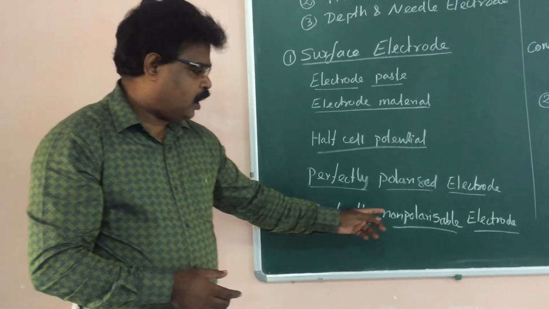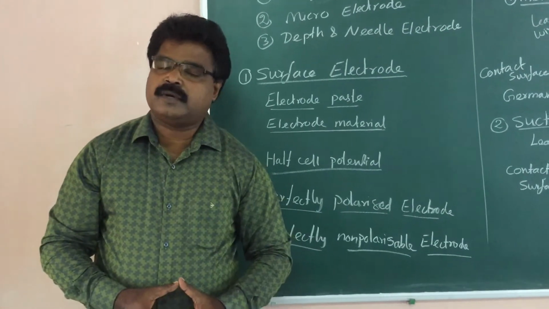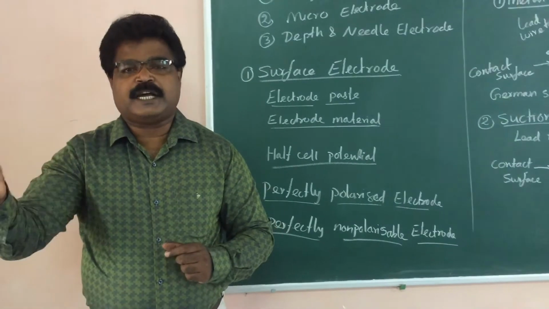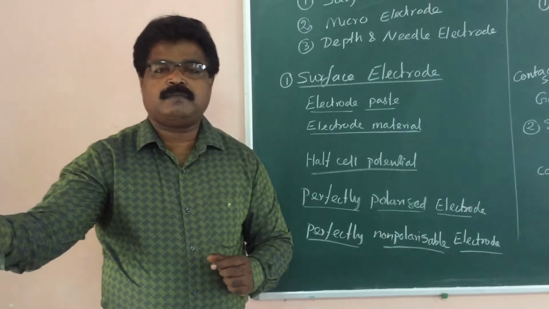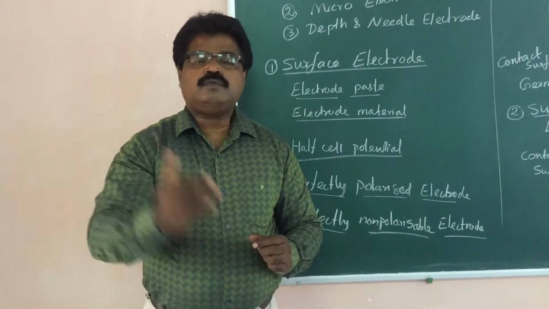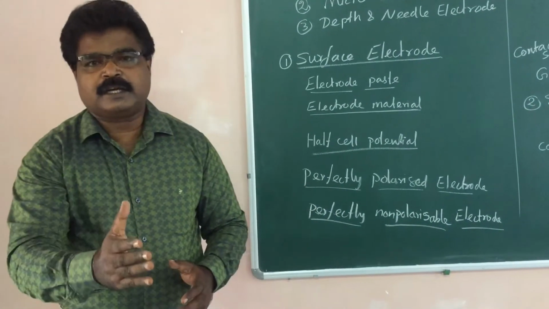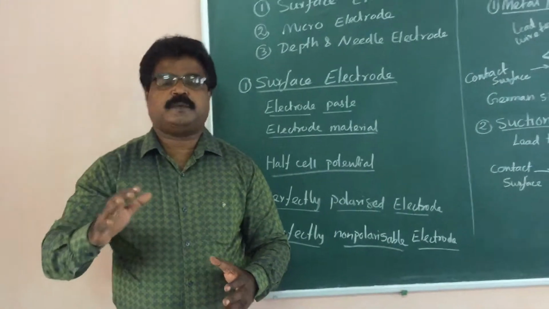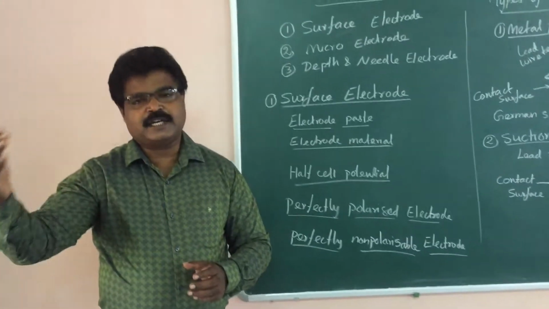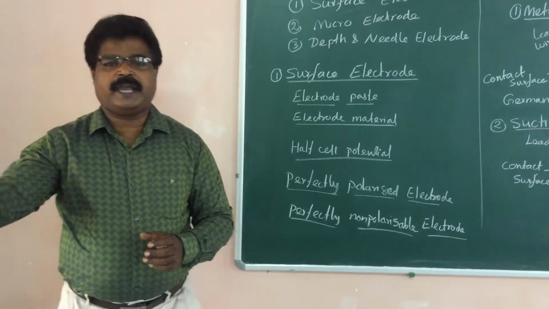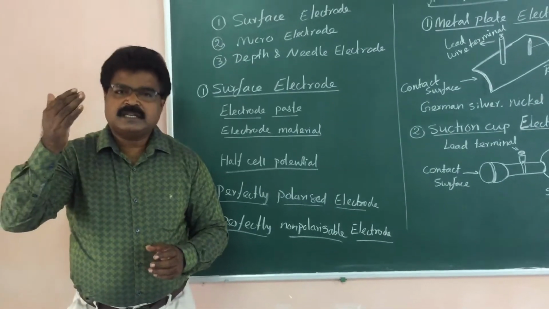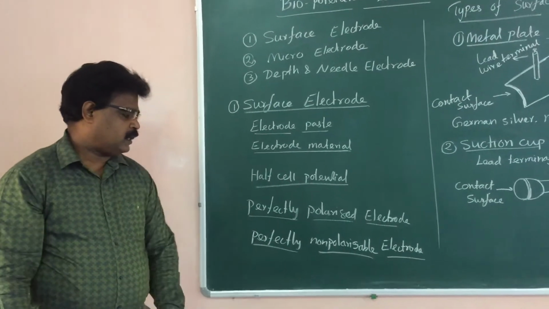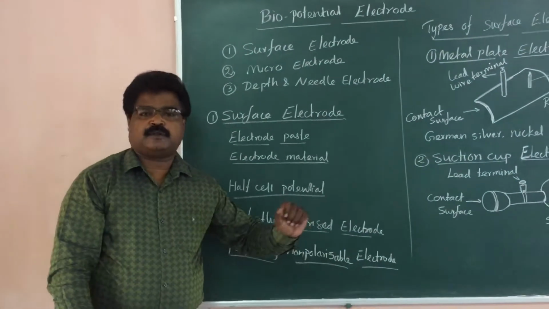But in a perfectly non-polarizable electrode, there is no hindrance for ion transfer or electrical potential transfer from the electrolyte to the metal. That means maximum transfer of ions through this electrolyte interface. That is called a perfectly non-polarizable electrode.